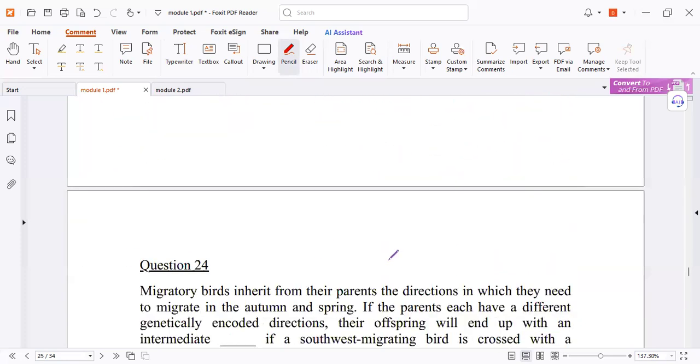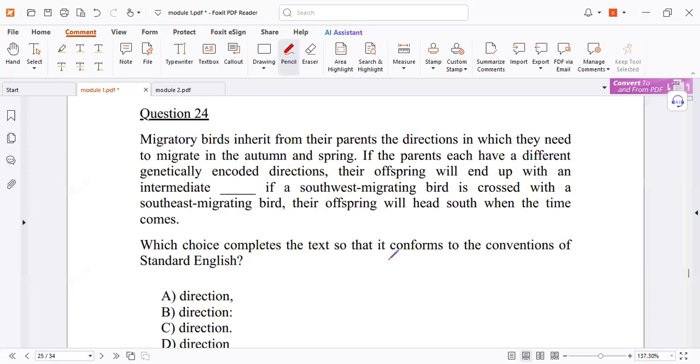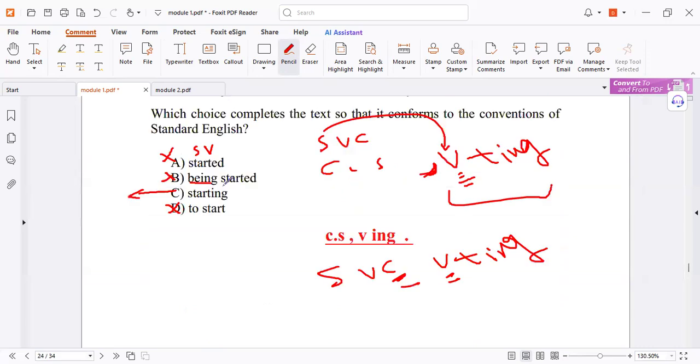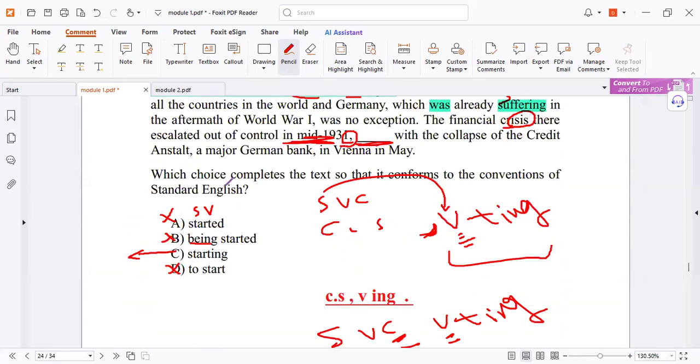Sir, but is it still grammatically correct to say "being started"? No, because "being started" is passive. The crisis is being started, or the crisis started. If you need passive, use "being started".